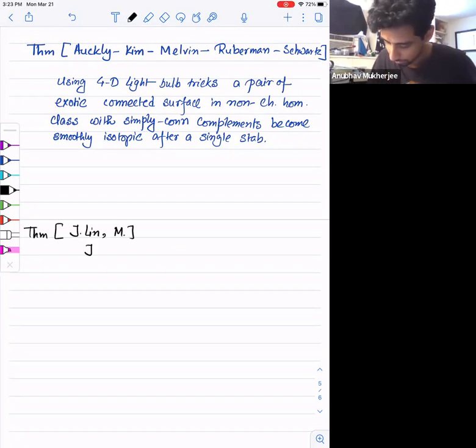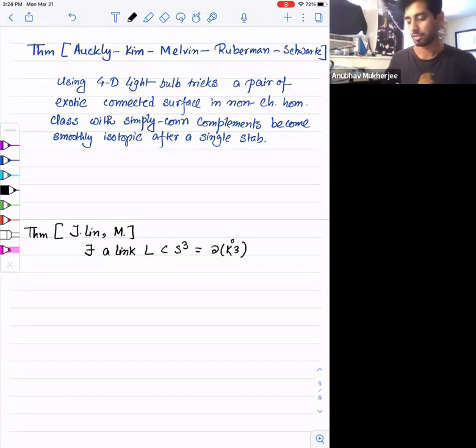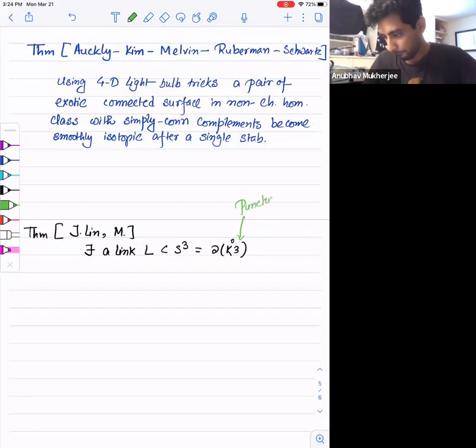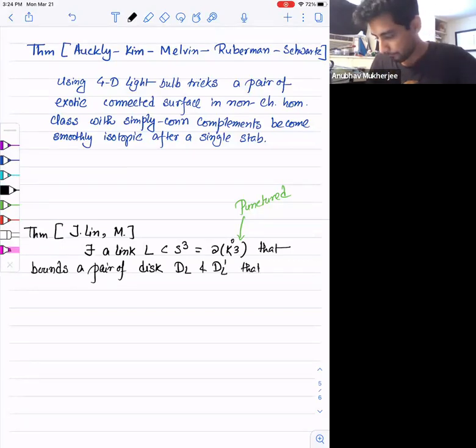We prove that there exists a link L in S3, which we can think of as the boundary of punctured K3, that bounds a pair of disks, let's call them DL and DL prime, that are topologically isotopic but not smoothly, relative to the boundary.